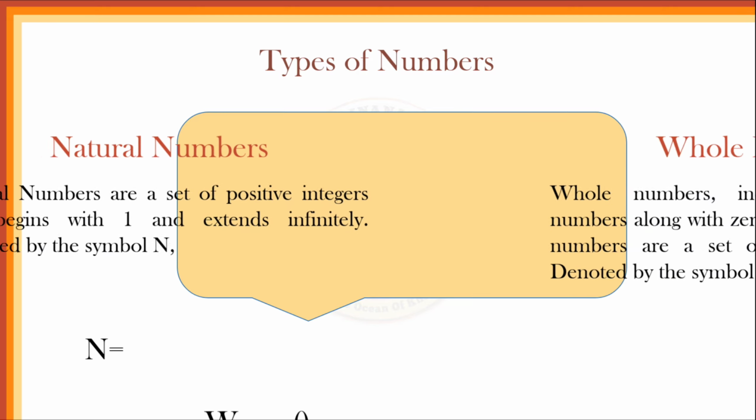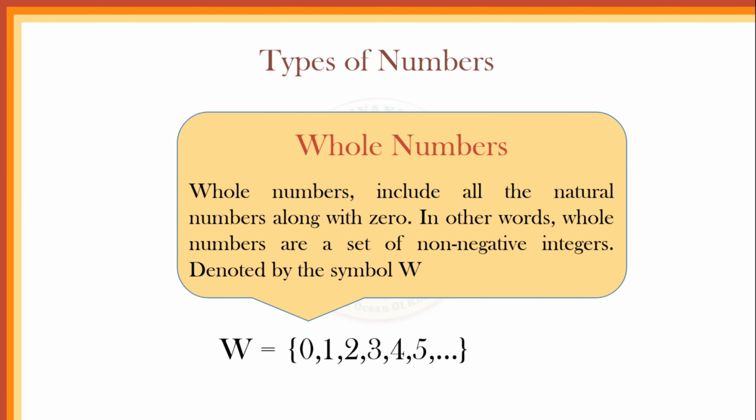The next type of numbers we can explore is the set of whole numbers. Whole numbers include all the natural numbers along with 0. Let's delve into the key characteristics and properties of whole numbers. Whole numbers encompass all the natural numbers 1, 2, 3, 4, 5, 6, and so on, and include 0.